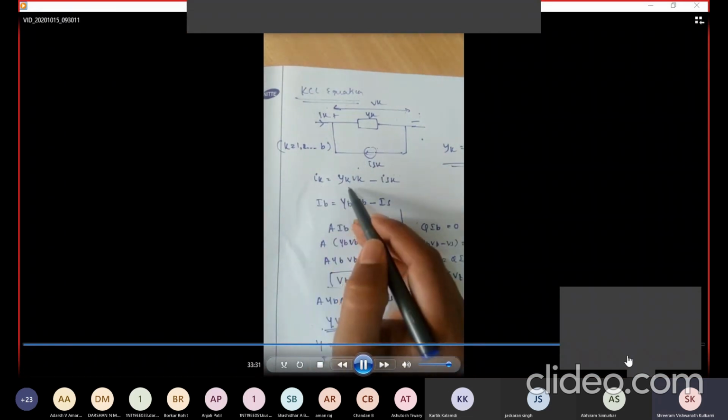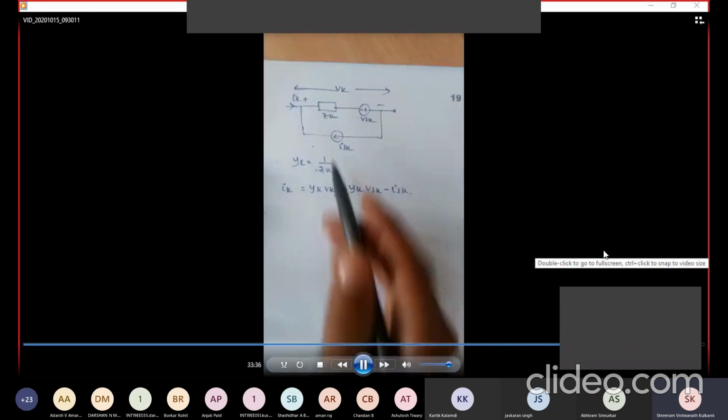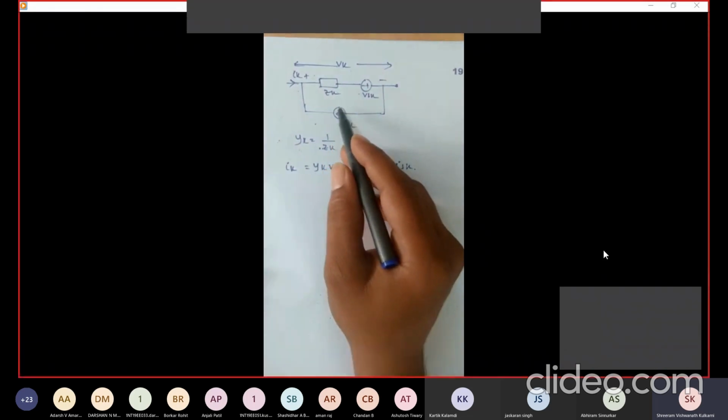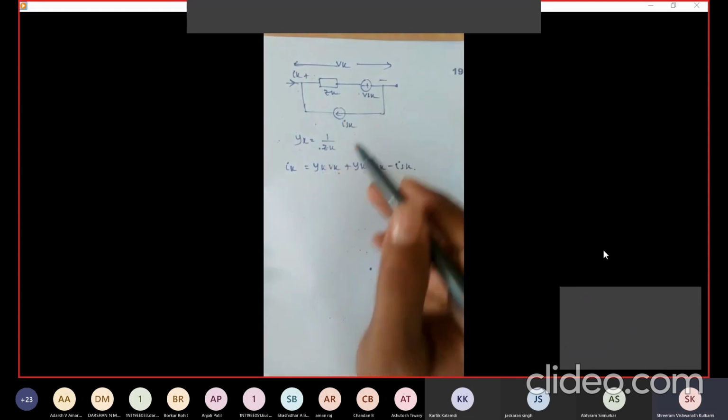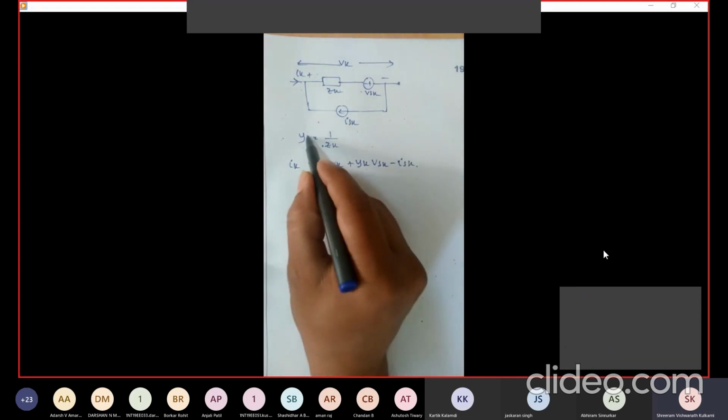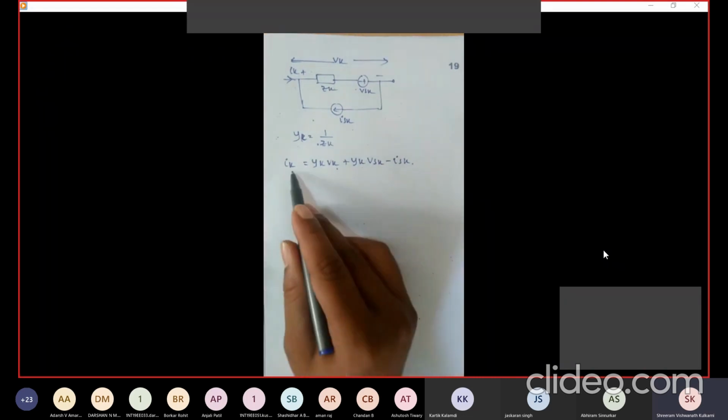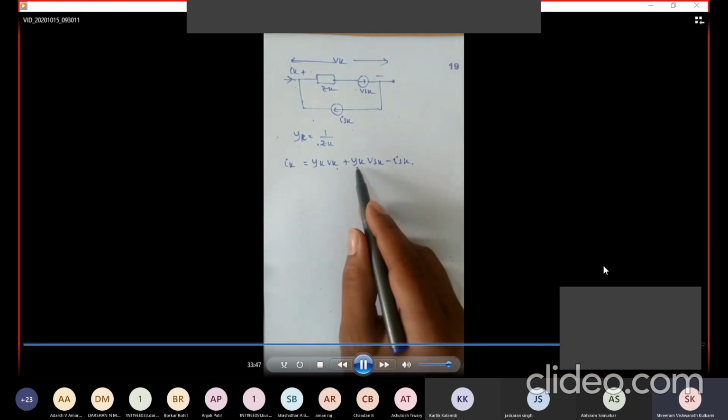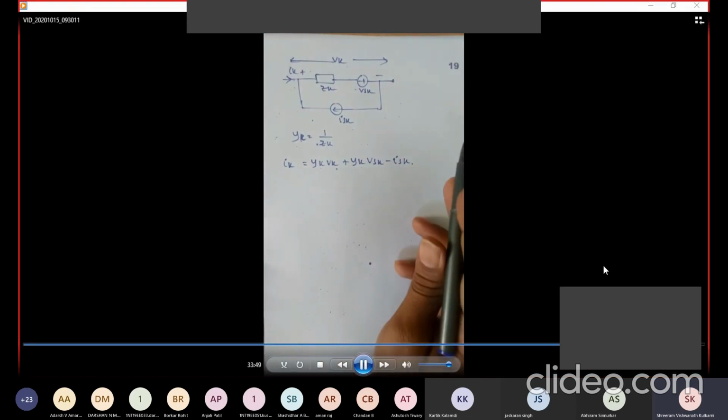Ik equals yk vk minus isk. For one voltage source in series with the admittance, I can write yk equals 1 by zk, ik equals yk vk plus yk vsk minus isk.